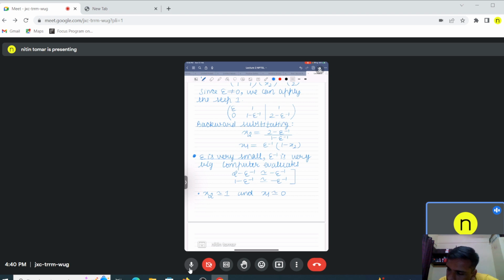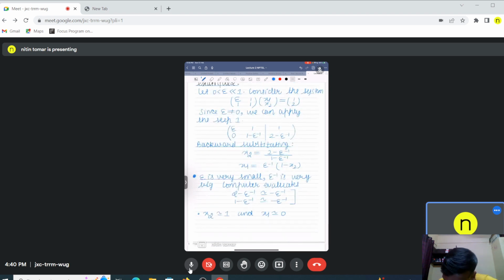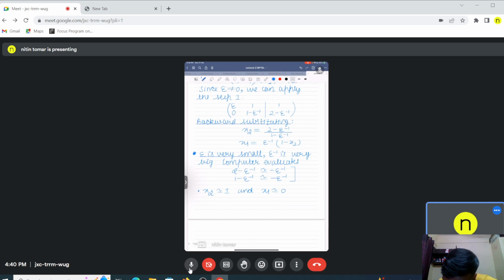But are 1 and 0 the solution? However, the exact solution is different. Sir, how is x1 equal to 0? See, x2 is 1 now, so this will be 0. Epsilon inverse is also a very big number, but in that sense it will be finite.